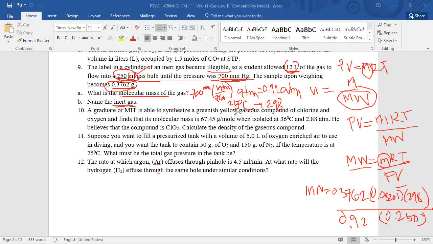Okay, so yan yung inert gas natin for question number 9. Ayan. So, that's it for question number 9. I hope ay nakuha ninyo kung paano. Na-discuss ko na rin naman kanina yan, no? So, nagdadagdag lang ako ng mga example for you to have additional learnings.